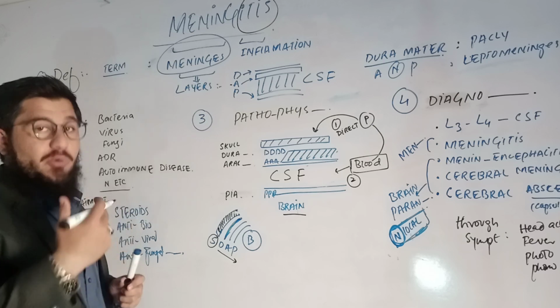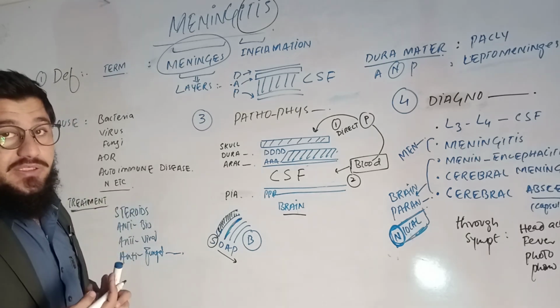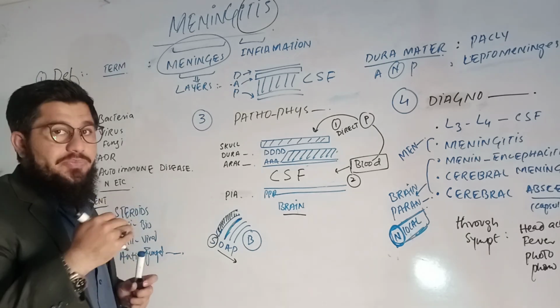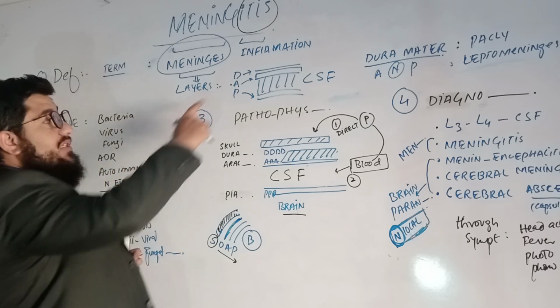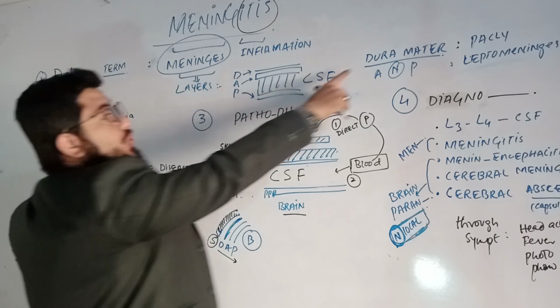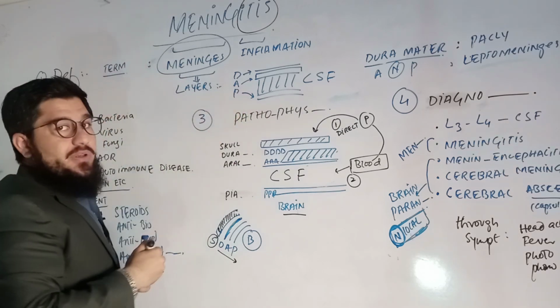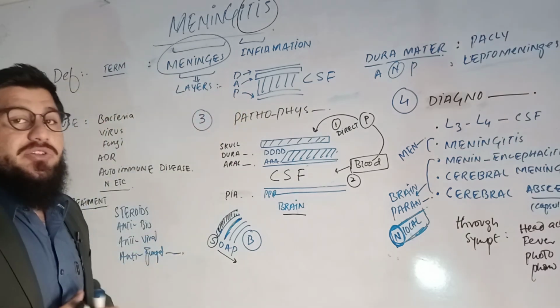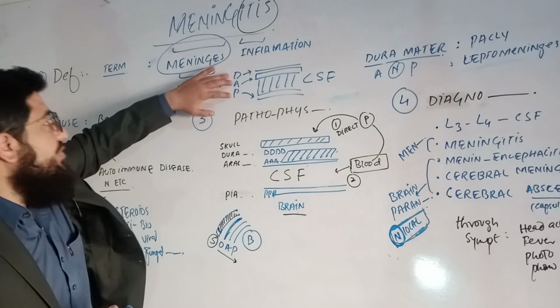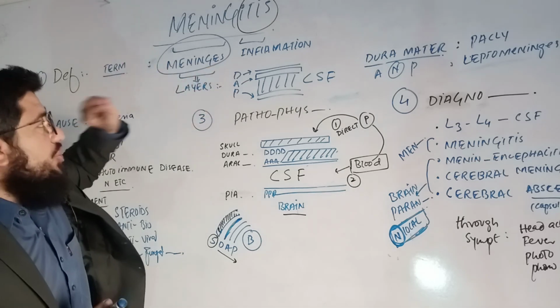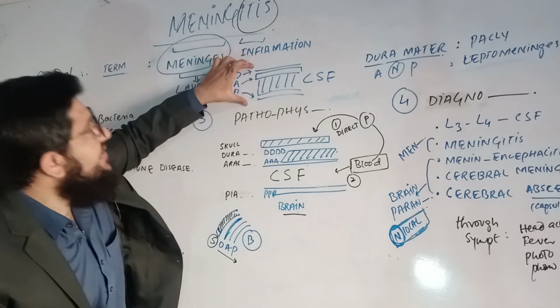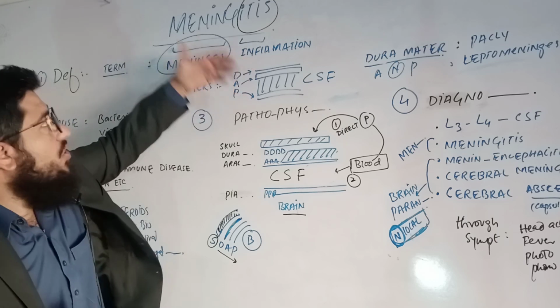This is a kind of mnemonic for you to learn the names of the layers. DAP stands for: number one, dura mater, this is the dura mater. Then we have arachnoid and pia mater. Dura mater, arachnoid mater, and pia mater. These three layers are named the meninges. So in short, inflammation of these layers, known as meninges, is called meningitis.